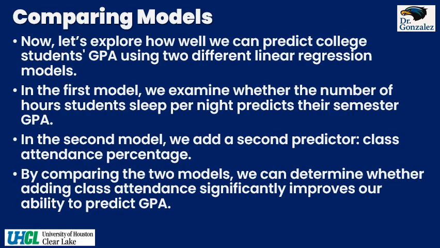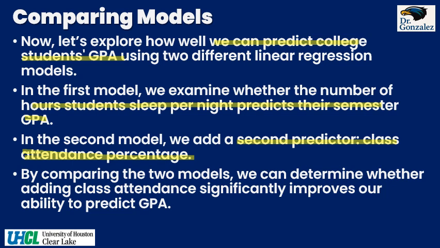So this time we're going to look at the same thing, but we're going to try to predict college student GPA using two linear regression models. The first model, we're going to look at the thing we just looked at, hours of sleep and their GPA. In the second model, we're going to add another predictor, and that's going to be class attendance percentage.